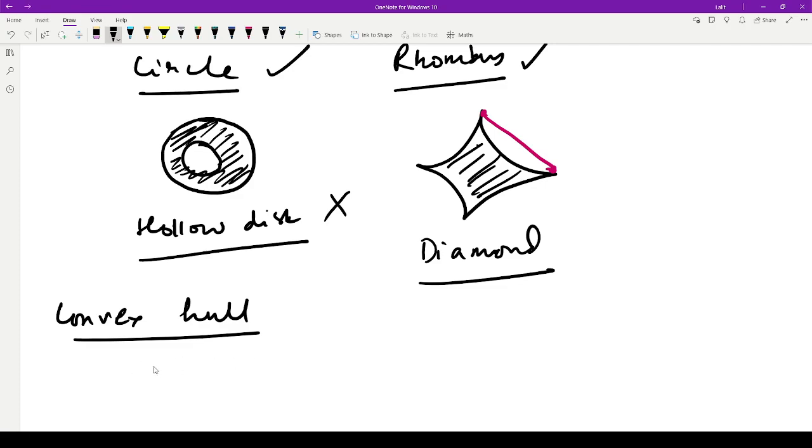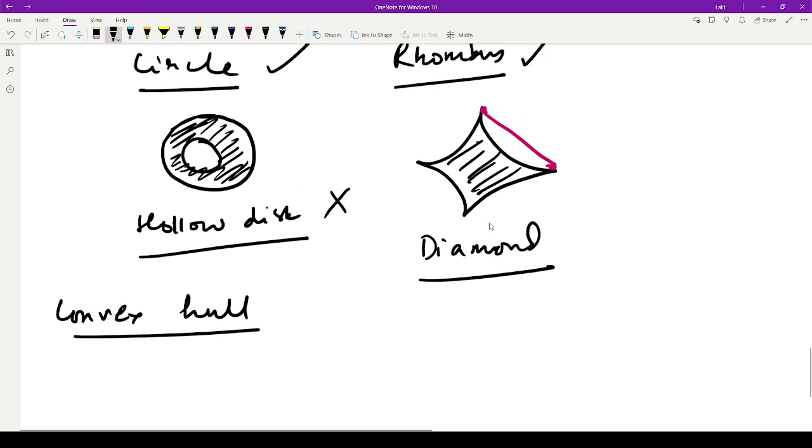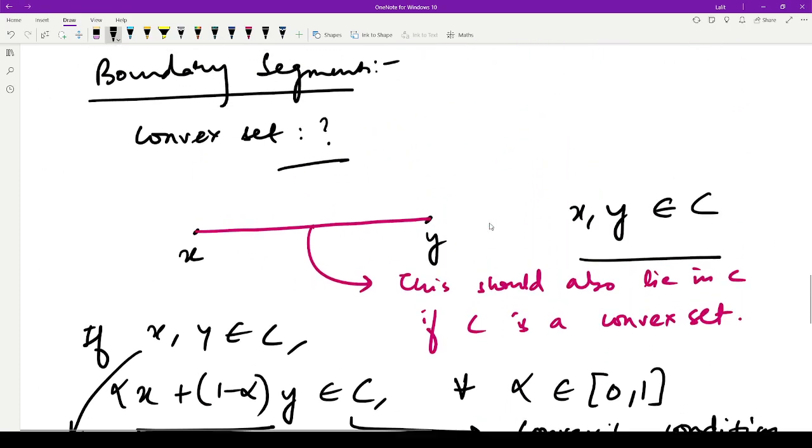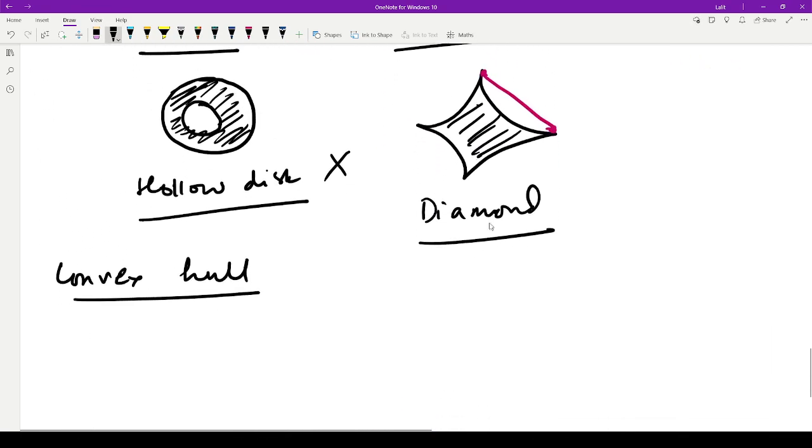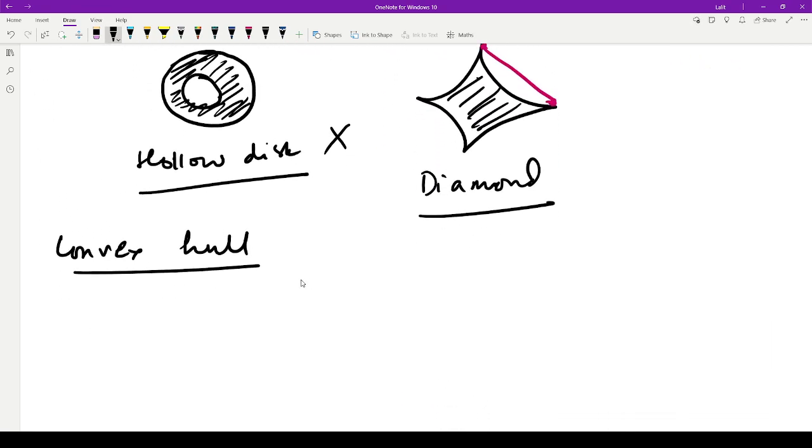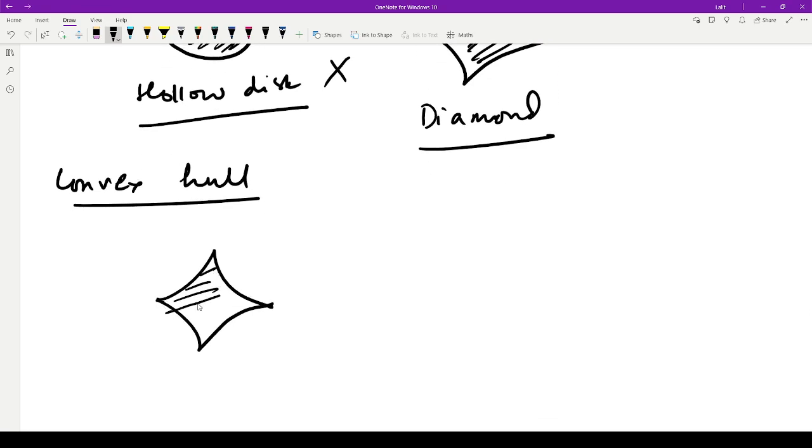So what do you mean by convex hull then? I just defined convex set. What do you mean by hull? I'll take this specific example of the diamond. I said that this is filled from inside, but it is not convex because if you take 2 points outside, you join them and then you see that they don't exist inside the set.